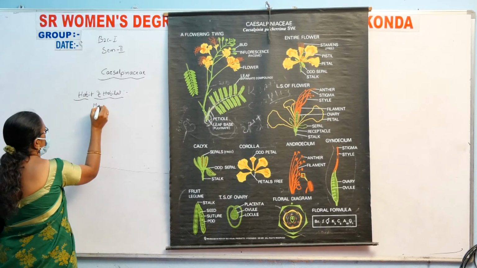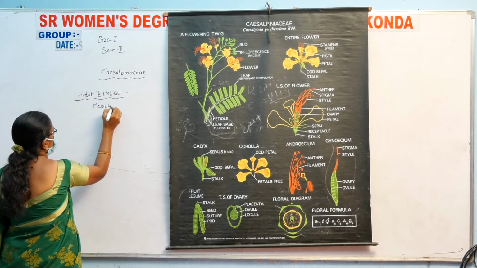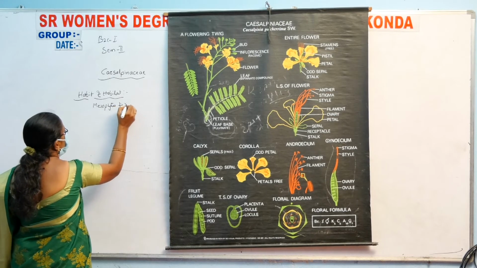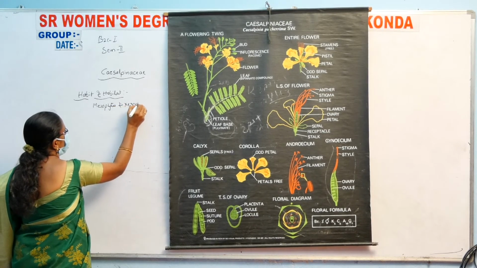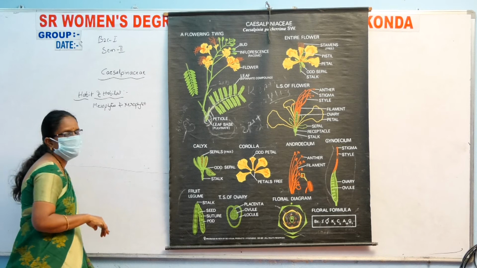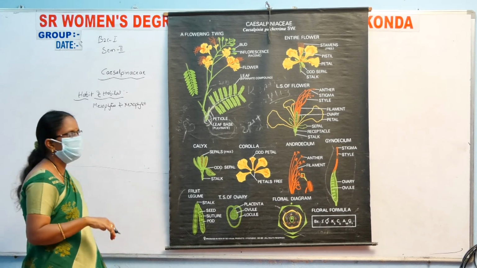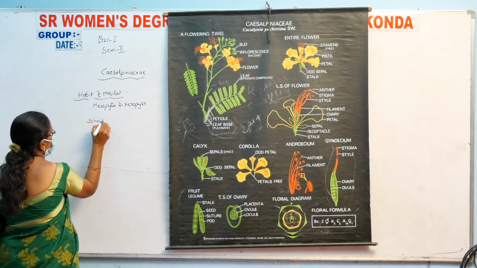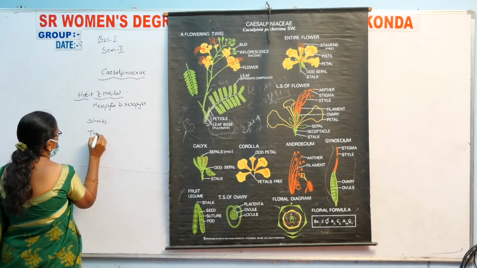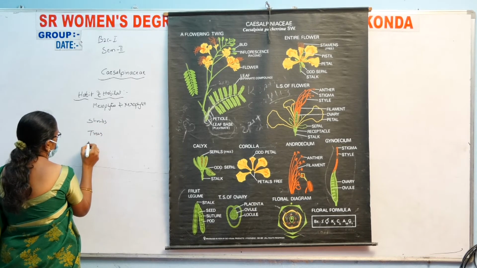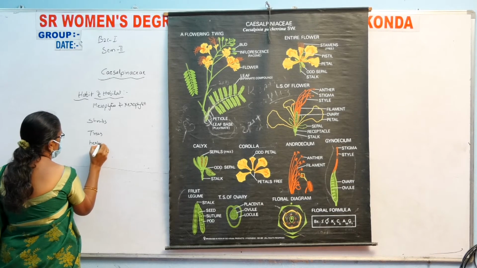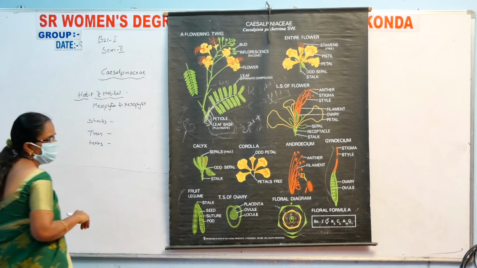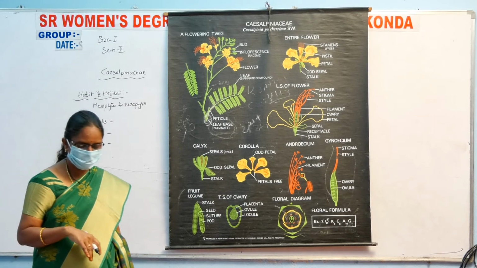Normally these plants are mesophytes and xerophytes. And the Caesalpinaceae family plants are shrubs and trees, and a few plants are herbs. Mostly shrubs and trees.